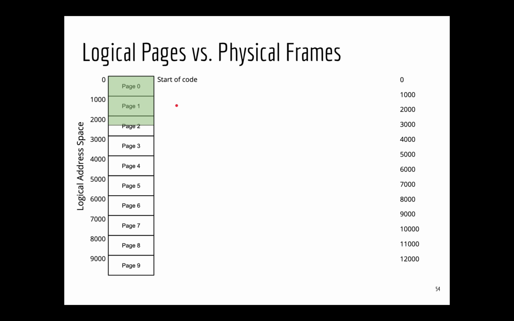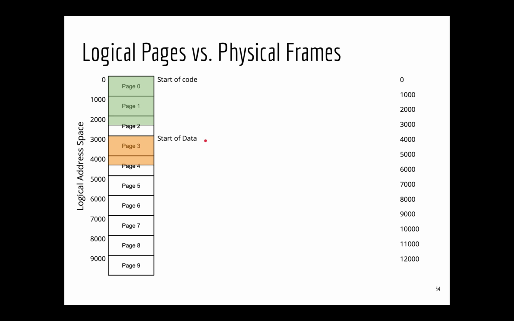So let's say the code requires 2300 bytes, and the code occupies the first 3 logical pages. And then let's say the data is 1200 bytes. That will require 2 contiguous logical pages. But remember that each page cannot be shared by 2 different contents, so the data has to start at a new page boundary.